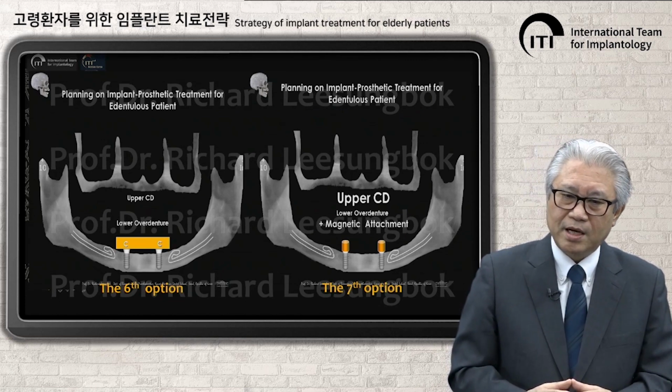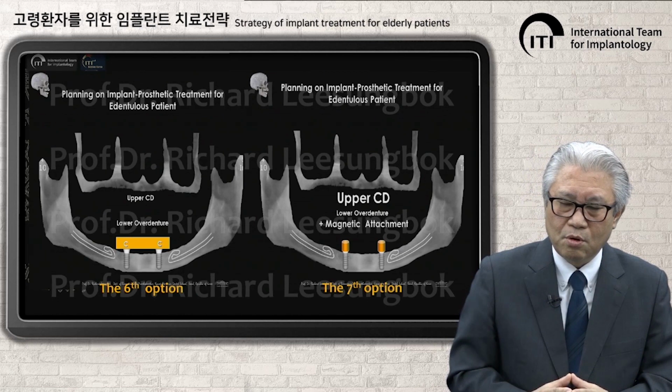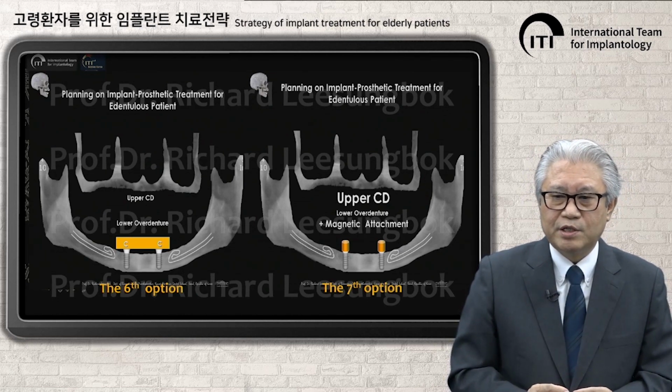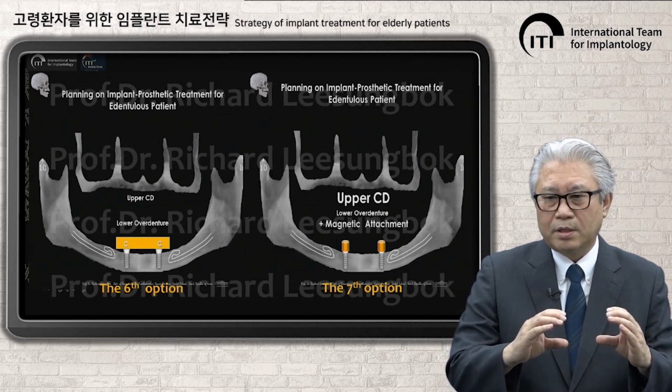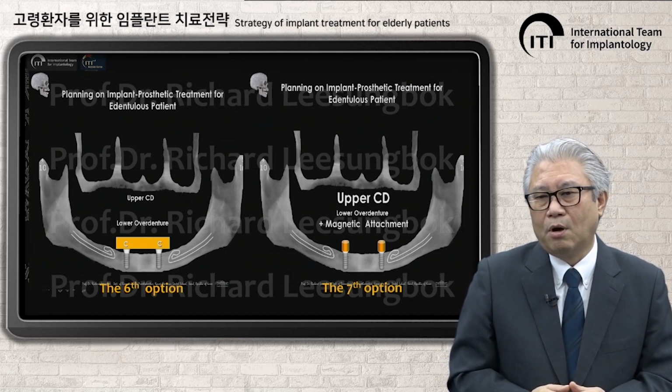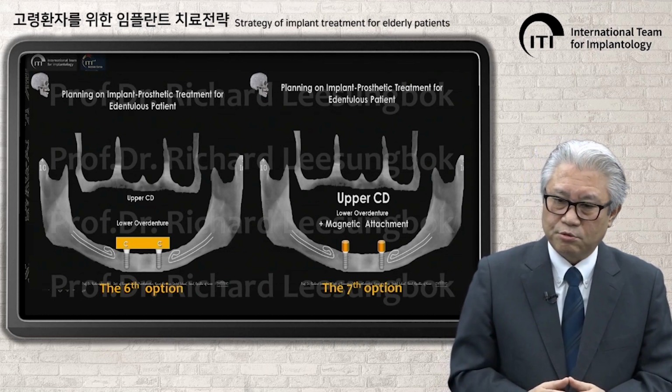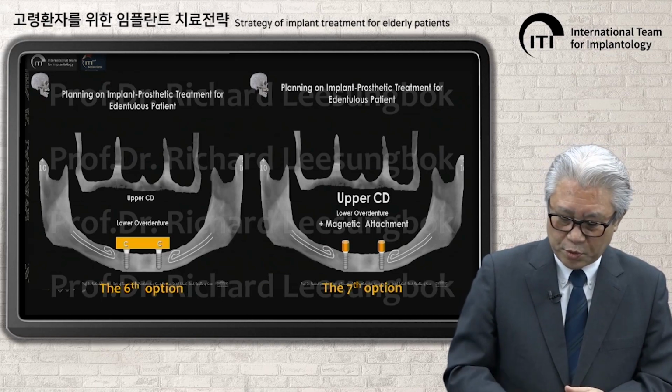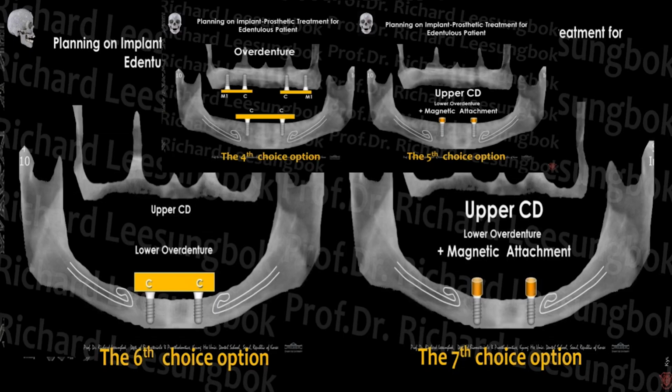Finally, the seventh option, the simplest method, is to provide complete denture on the upper and overdenture by connecting single standing retainers to 2 implants on lower.